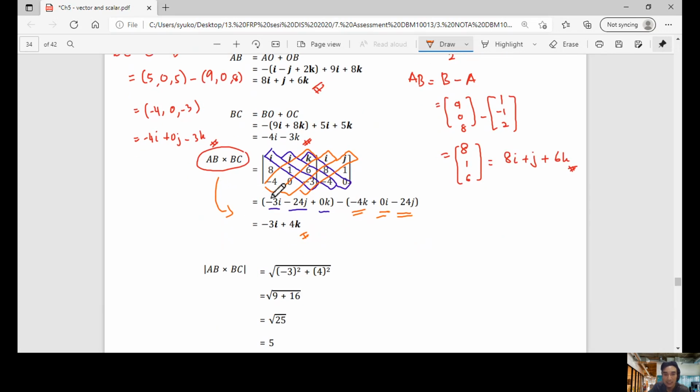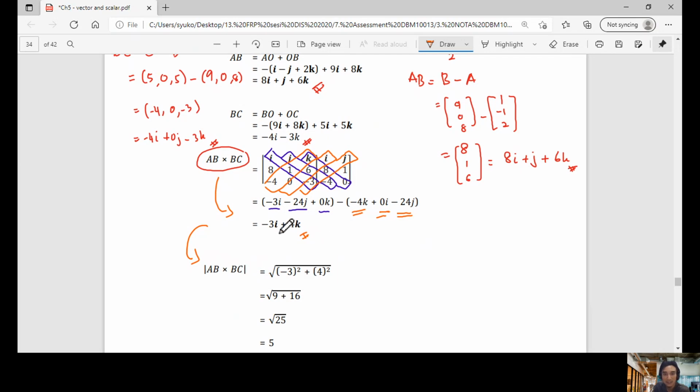Okay, actually this one is the example in the subtopic, or in the video on cross products. Alright, after that we calculate the modulus of the AB cross product with BC, which is we find the magnitude of the cross product.